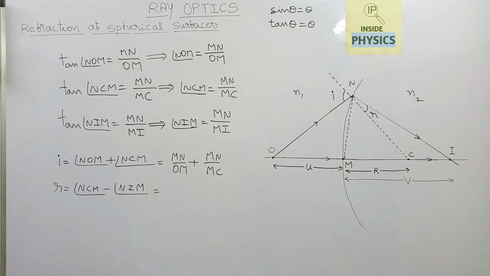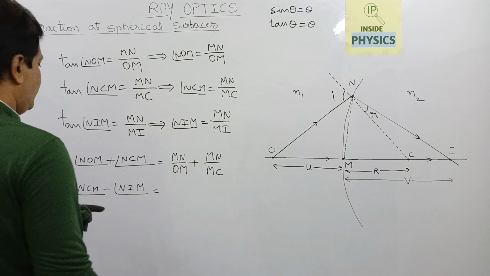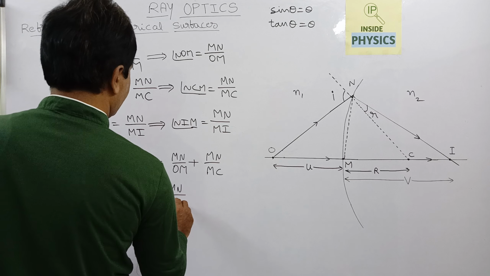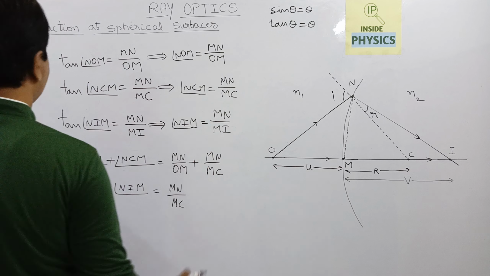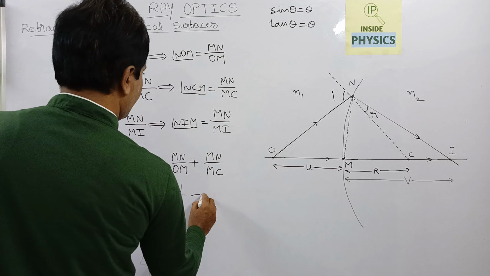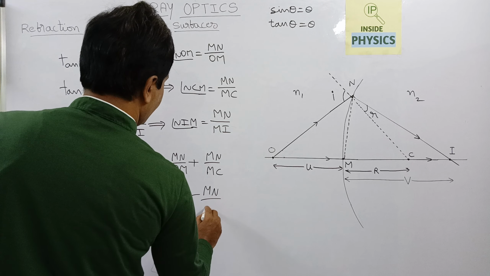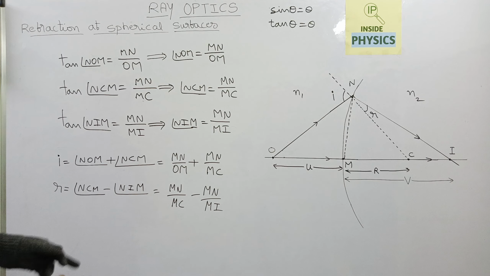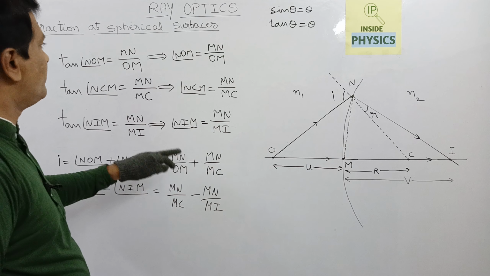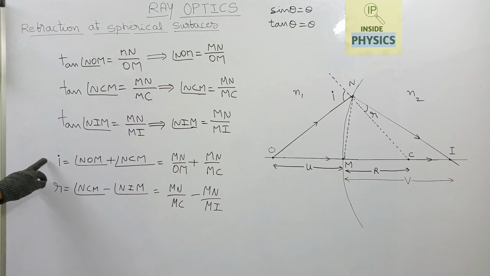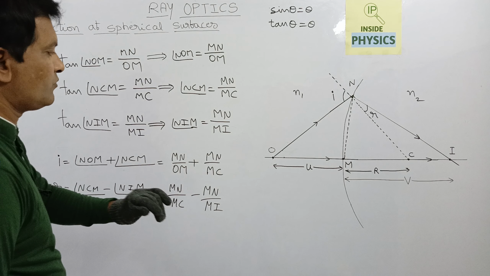What is angle NCM? MN by MC. What is angle NIM? MN by MI. Angle NOM is MN by OM, plus NCM is MN by MC. So the angle of incidence and angle of refraction are taken in this form.